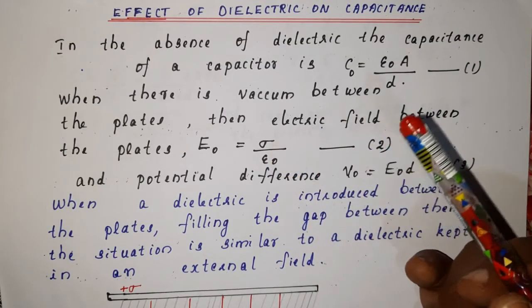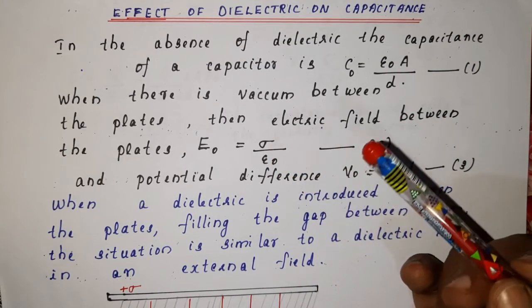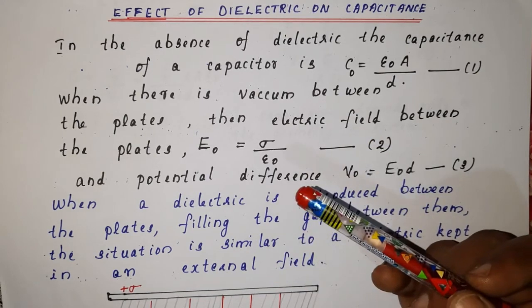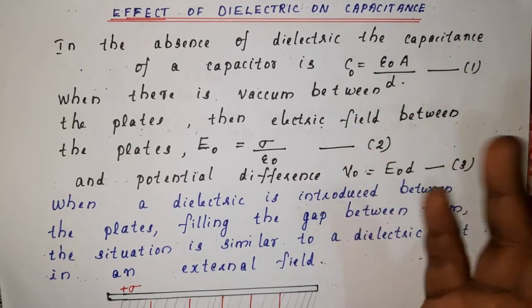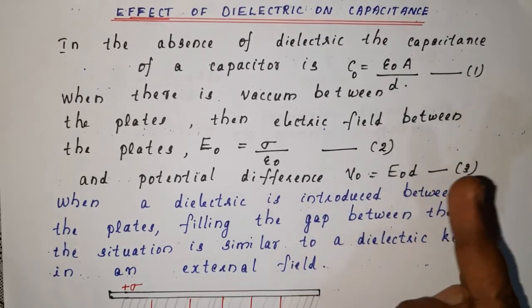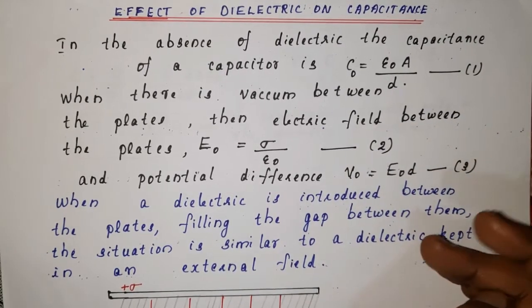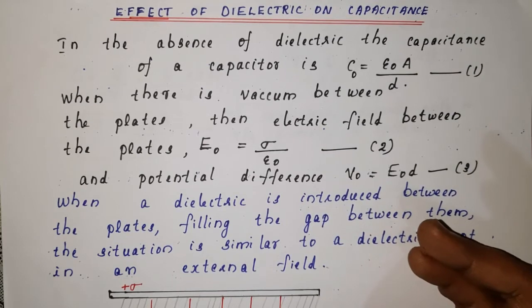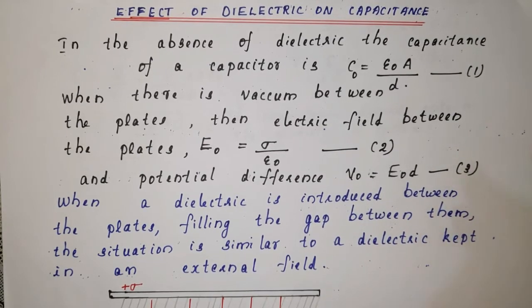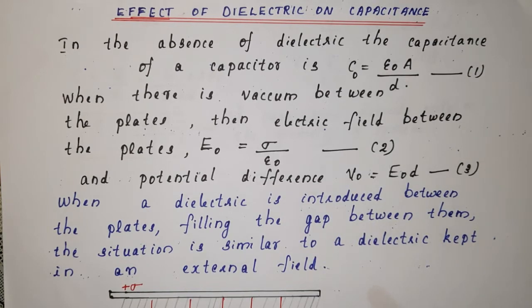And we are filling that gap between the plates with a dielectric material. So the situation becomes similar to what? A dielectric kept in an external electric field. How does that external electric field come? That electric field is produced by the plates. What is the electric field? Sigma by epsilon 0. So the situation becomes similar to a dielectric kept in an external electric field, which is sigma by epsilon 0.